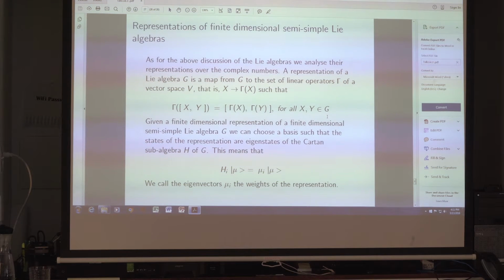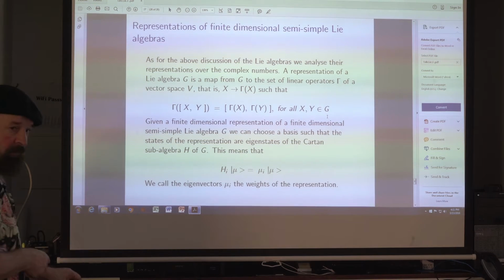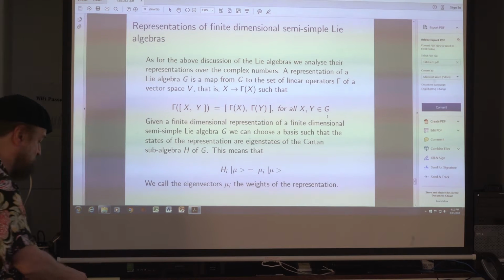Representations are important when you want to classify the particles, when you want to build a unified field theory. Then you need to know a lot about representations of groups.